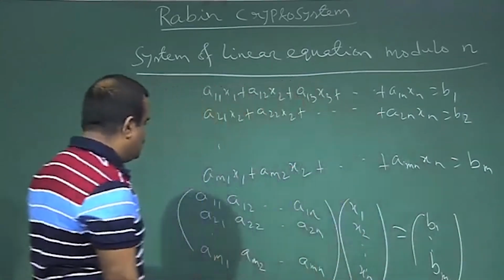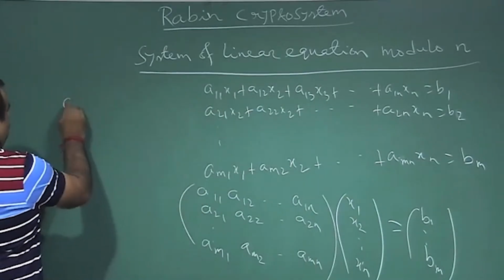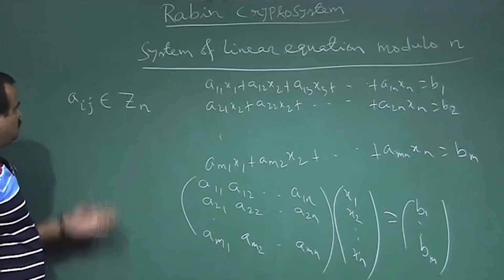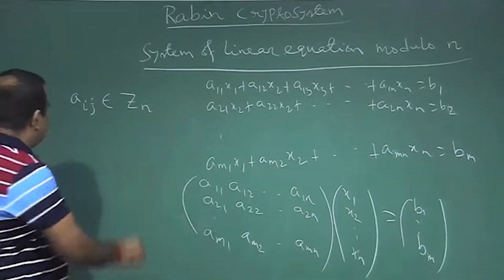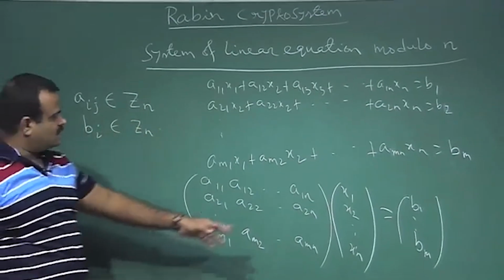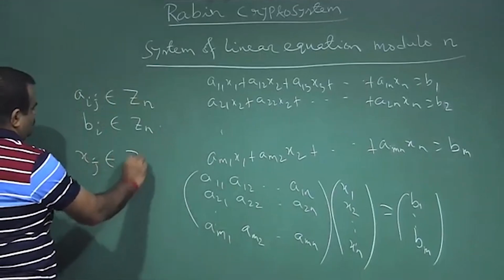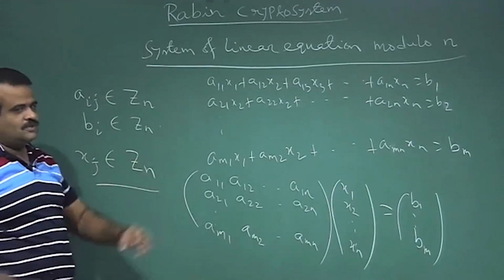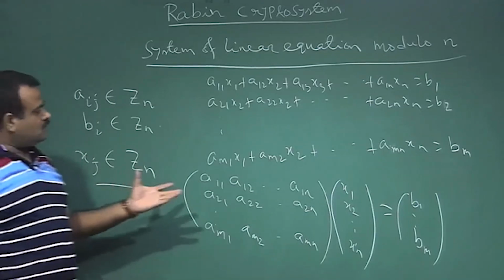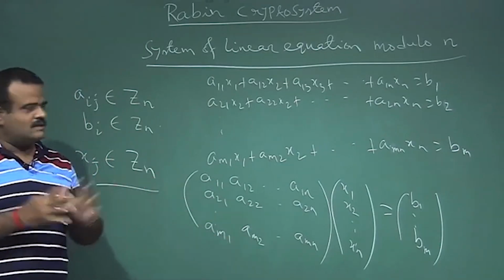There are m equations, and this is modulo n, meaning each aij and each bi comes from Zn. We have to find the solution x such that each xi is in Zn and satisfies this system of equations. So that is the problem. To solve this, we have to check that the rank of the augmented matrix is the same as the rank of the matrix, and those are the concepts there.